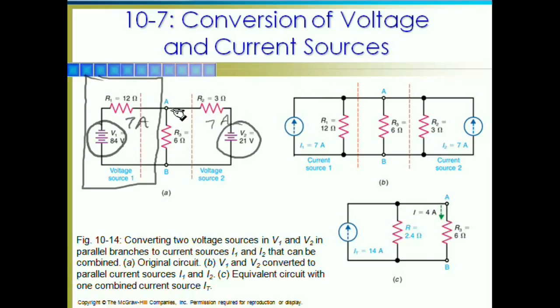We can then state this equation with two shunts, a 12 ohm shunt and a 3 ohm shunt, two 7 amp sources, and since the current is going the same direction, we end up with a 14 amp current source and a parallel of a 3 ohm and a 12 ohm, which you will find turns into a 2.4 ohm equivalent, with our 6 ohm load.